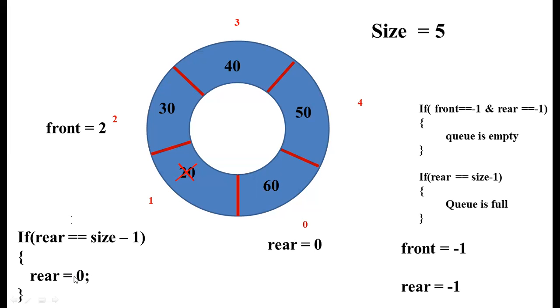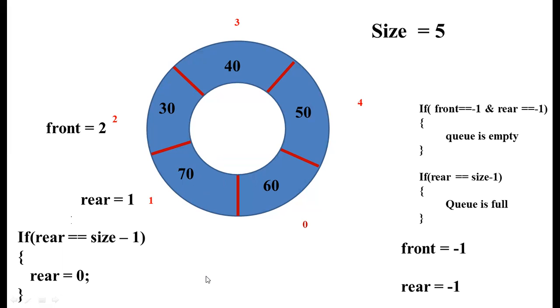Now, if I want to insert one more value, then the condition rear is equal to size - 1 fails, so we do the usual rear plus plus. So rear will be 0 plus 1, that is 1. So rear becomes 1 and we can insert the element here, 70.